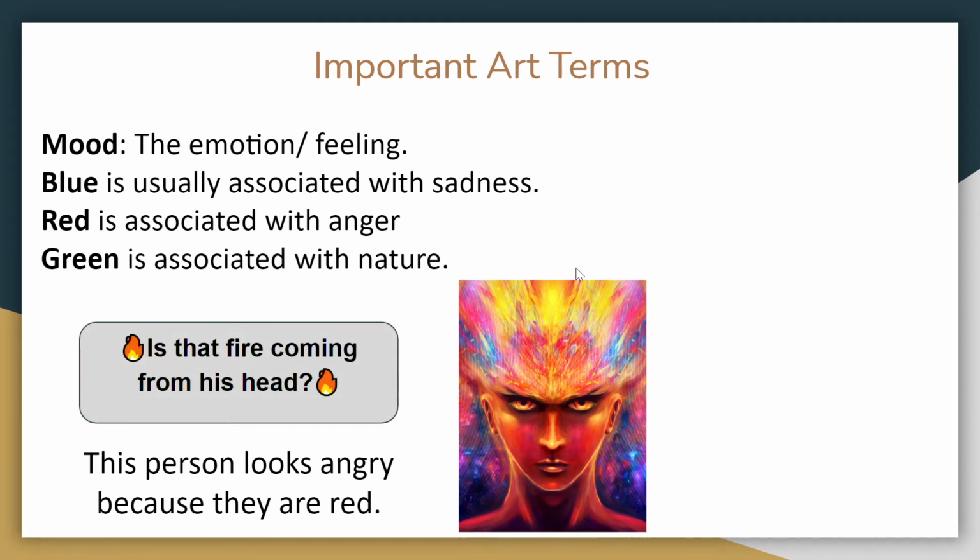And if you look up here, what is that coming out of his head? Is that fire coming from his head? It looks like maybe there is an explosion or fire coming from his head, so it looks quite cool, quite interesting. But yes, he looks very angry, and we know that because the color red.